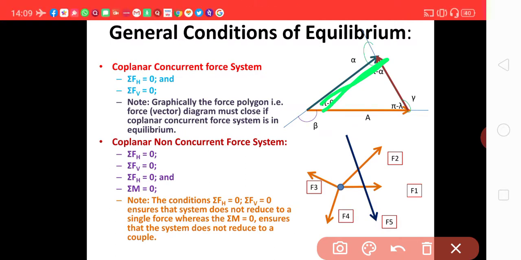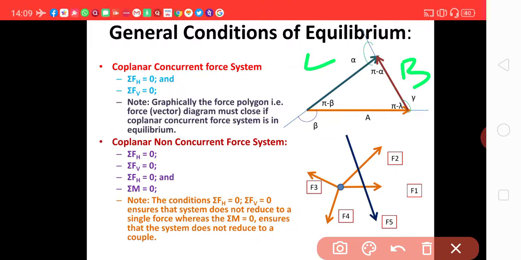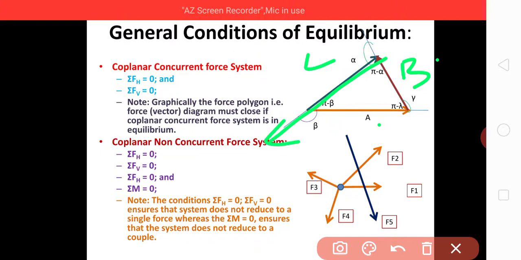This arrow should have been this way, because of this force A, this force B, and this force C. If the arrow is like this, then force C is the resultant of force A and force B. But the coplanar concurrent force system is under static equilibrium. Hence, its direction will be this way.